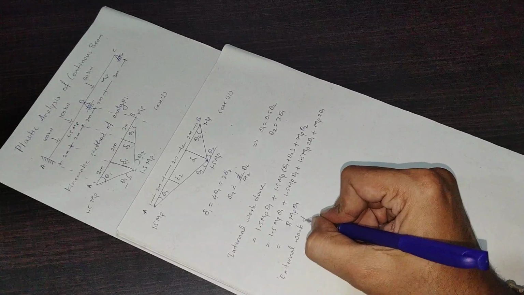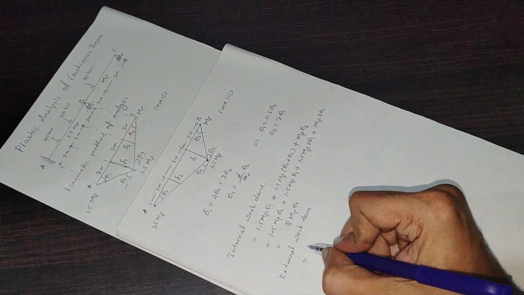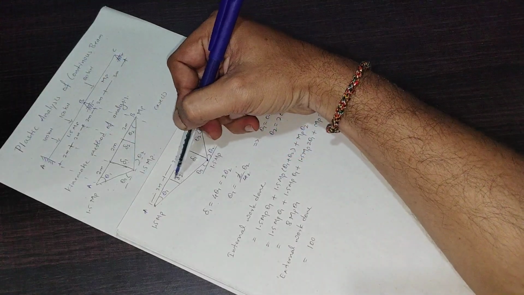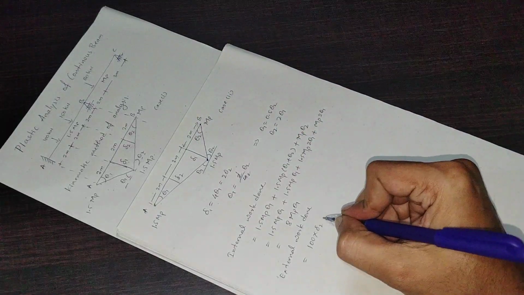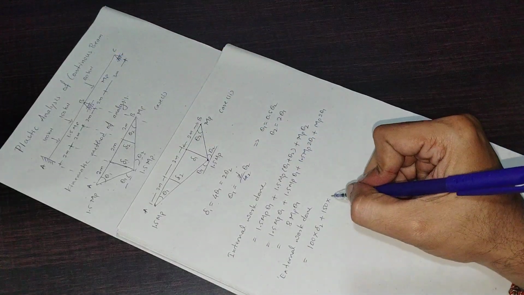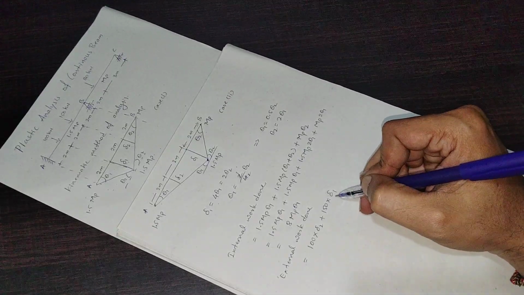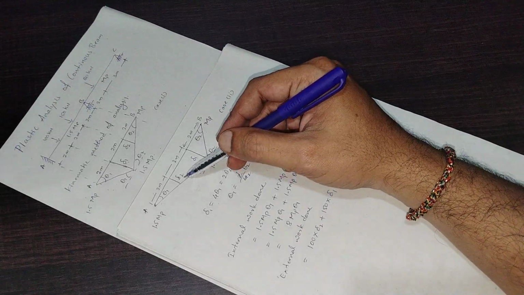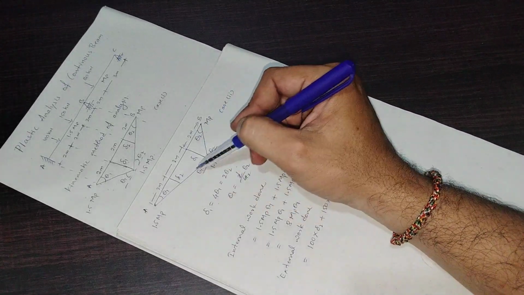Now the external work done. The external work done is the load times the deflection under the load. For the 100 kilonewton load I got deflection delta 2, and for the 150 kilonewton load I got deflection delta 1. So 100 times delta 2 plus 150 times delta 1. To substitute delta 1 and delta 2, I need to write delta 1 in terms of delta 2, or delta 2 in terms of delta 1, by referring to the similar triangle.